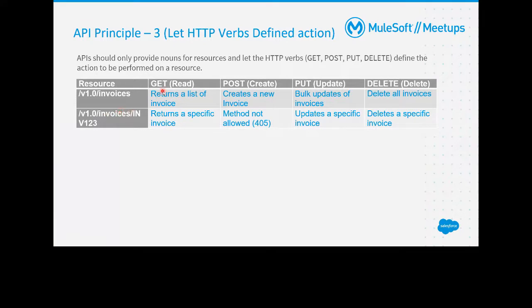Again, let's go back to the example. You have one invoice that you are reading, so you will use the get call, which will return a specific invoice. Then you have post. It is a method not allowed, because on invoices itself you are able to create a new invoice. You are not allowed to do this on a specific ID, because the ID is created by the data store.